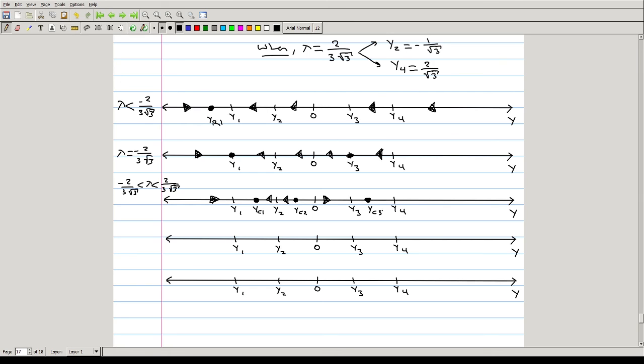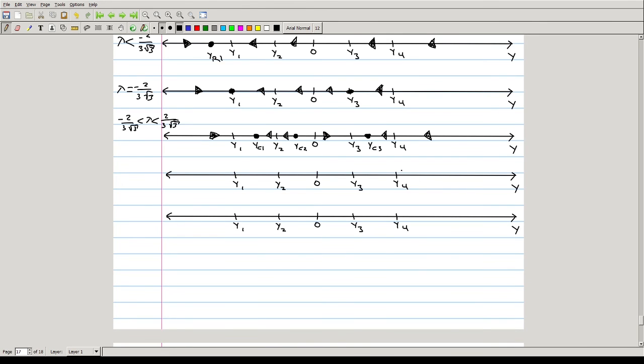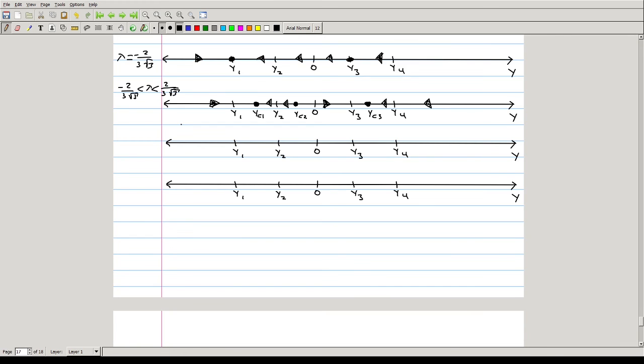And when y is greater than yc3, it will again be negative. And this is the case until lambda reaches positive 2 over 3 root 3.